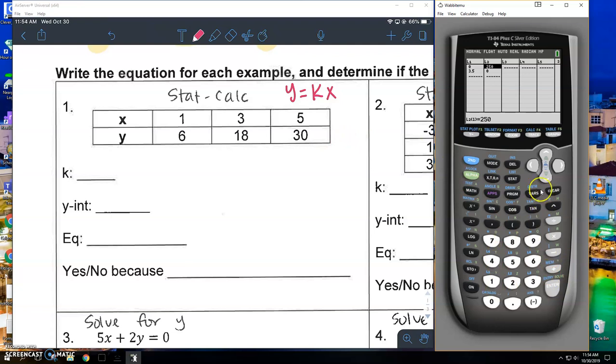I'm going to type in 1, 3, and 5 and type in my y values of 6, 18, and 30. They're typed in, so I'm hitting stat, going over to calc, number 4. And I see that my y-intercept is 0.